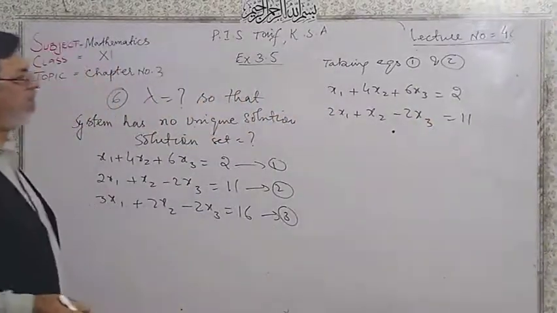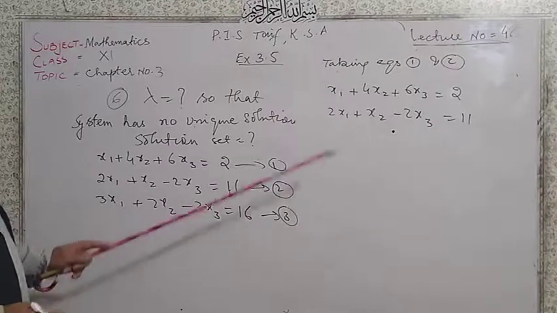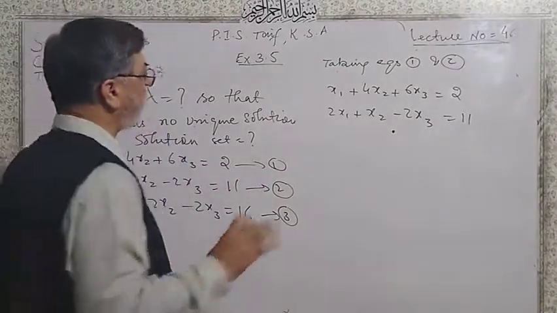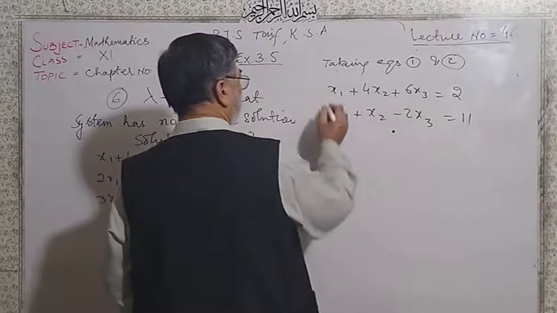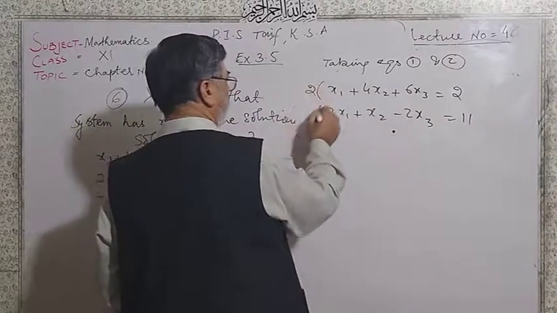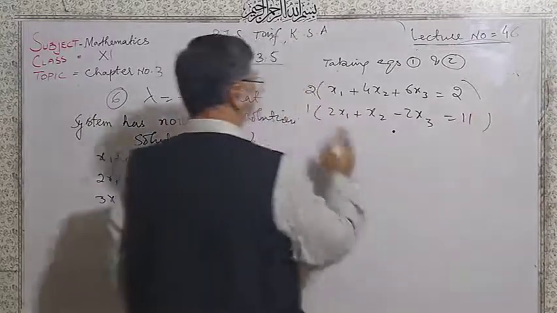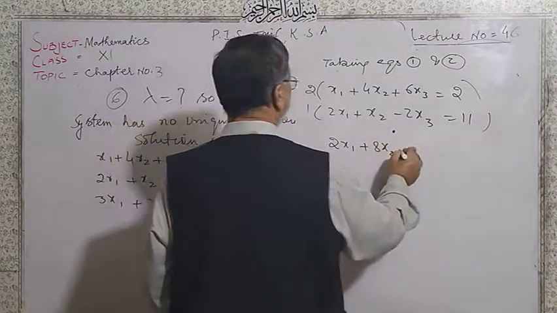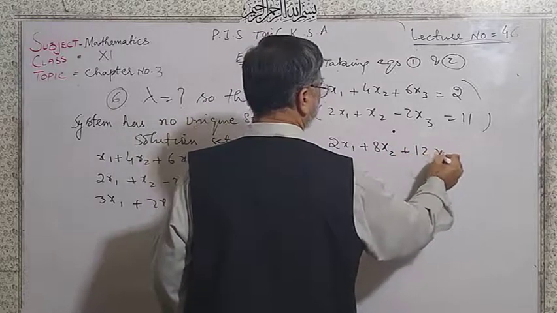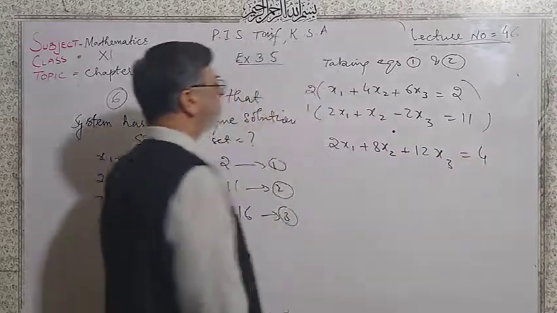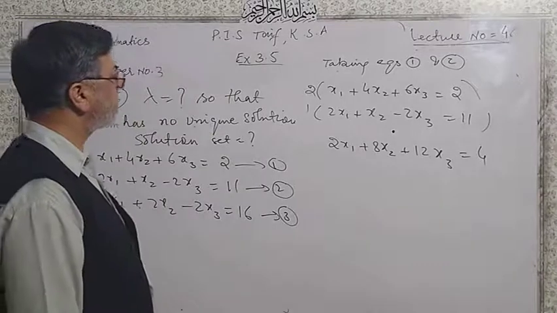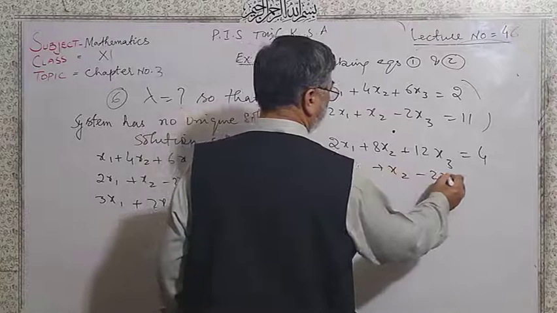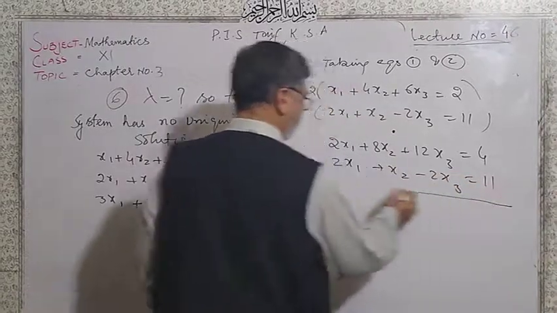Remember that I have to find x1 in terms of x3 and x2 in terms of x3 also. So first is multiplied by 2 and the second is 1. What is that? 2x1 plus 8x2 plus 12x3 is equal to 4. Here is 2x1 plus x2 minus 2x3 is equal to 11.